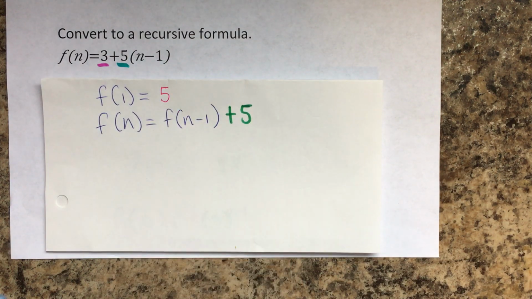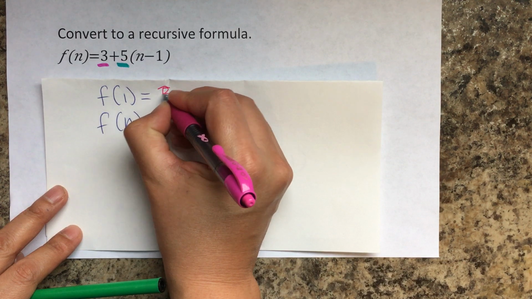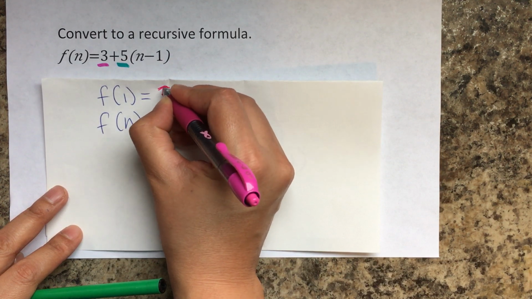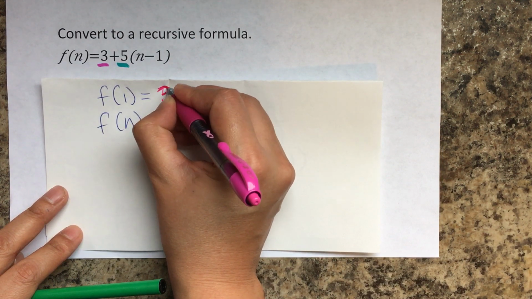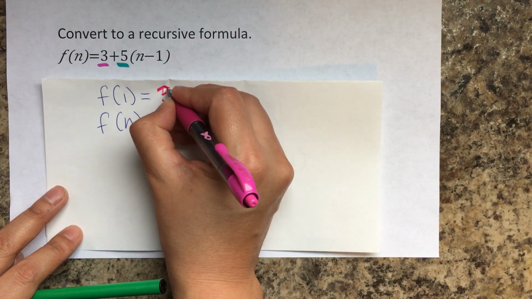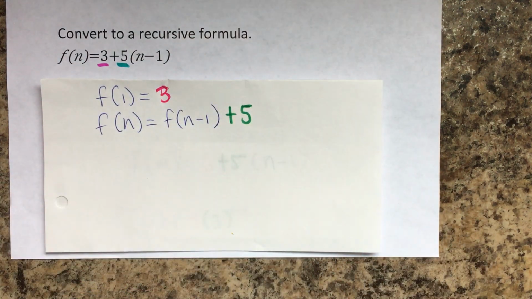Whoops. And that's not the initial point. 3 is the initial point. Sorry about that. Did you catch it before I said it? Okay. Hopefully you did. Okay, so that's it. All you're doing is writing it in recursive formula.